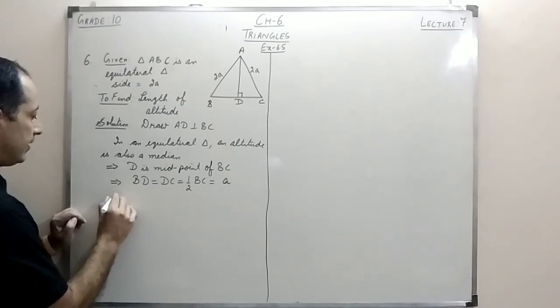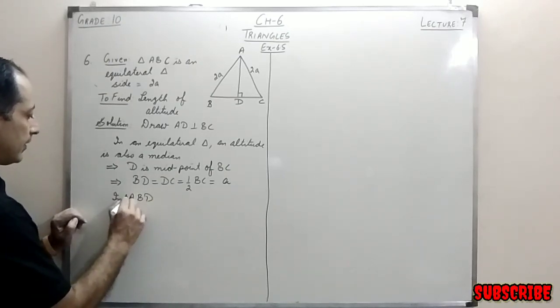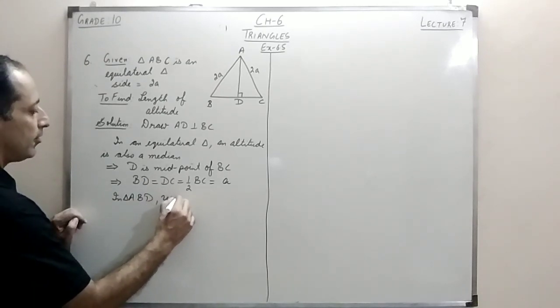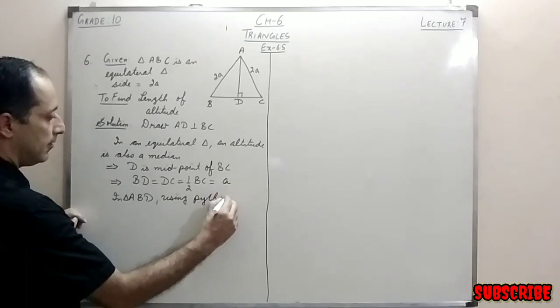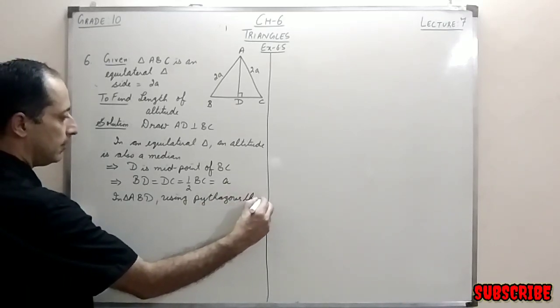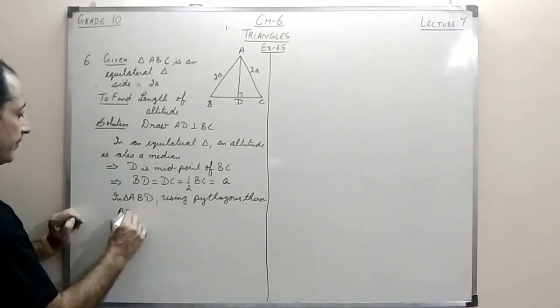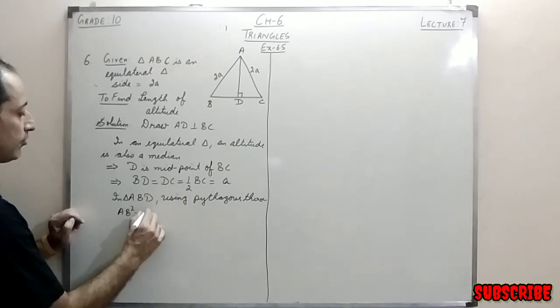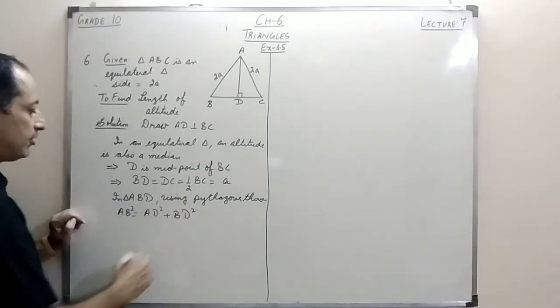So in triangle ABD, using Pythagoras theorem, we can write that AB square is equal to AD square plus BD square.